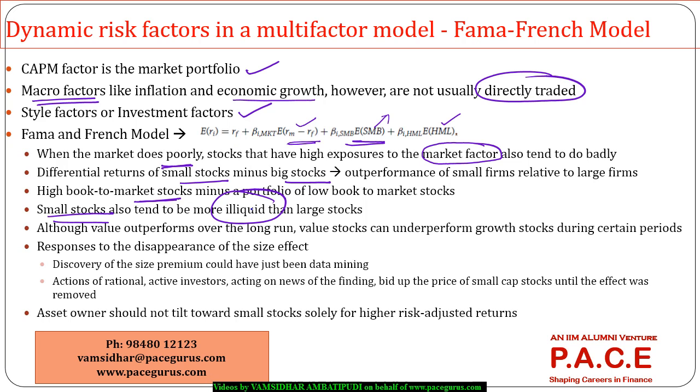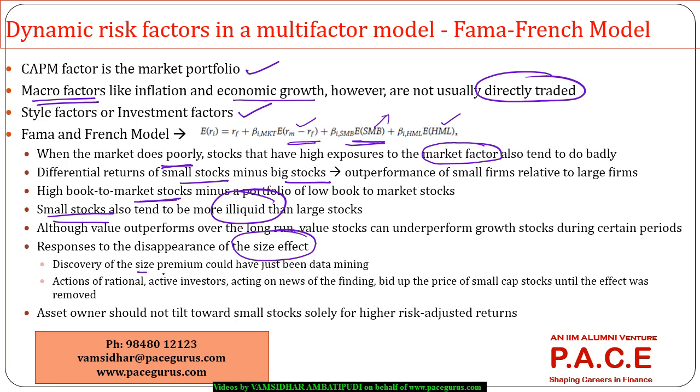Now, it is observed that the size effect is actually disappearing. Whatever has come through the Fama-French model, the size effect of small minus big, it is typically found that the size effect is slowly going out of the system.